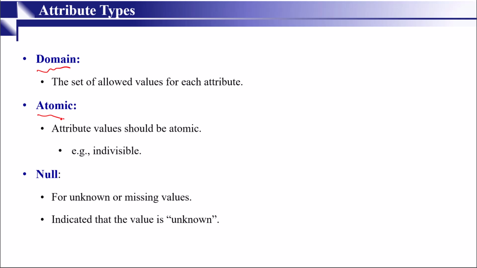You won't split a telephone number into smaller parts within a single column, or even names or family names. Finally, we have null values. These null values represent missing or unknown data. In other words, a null value is neither an empty string for character or date-time data types, nor is it zero for numerical data types.